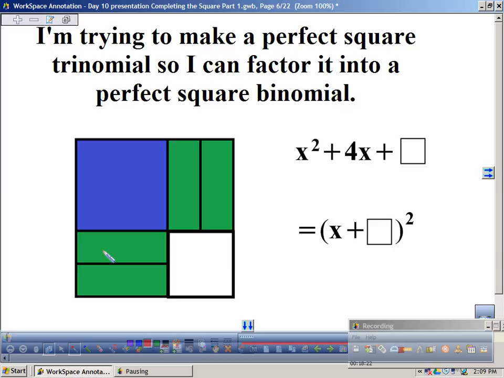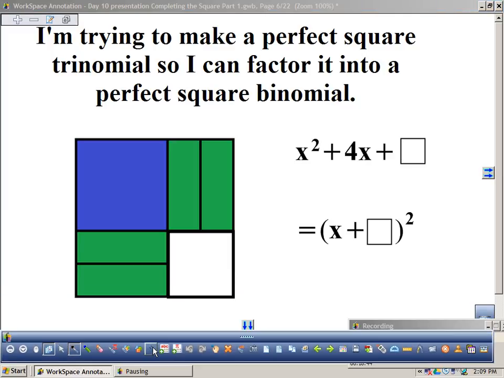Okay, so here is x squared plus 4x plus something is going to complete this square. All right? If this is my x squared and these are my x's, don't I have 4 of them? All I did was split them in half.